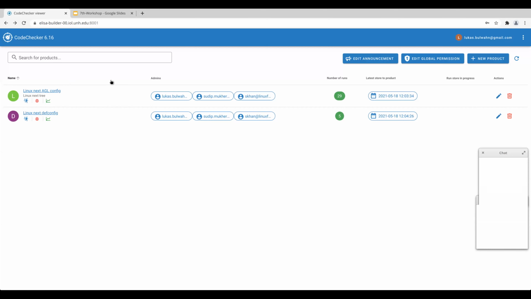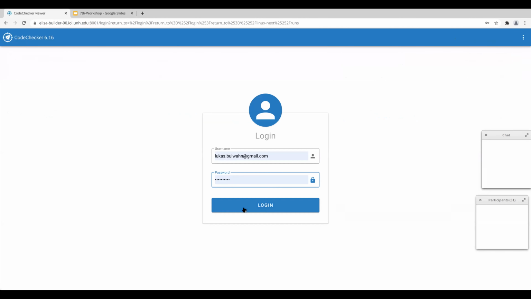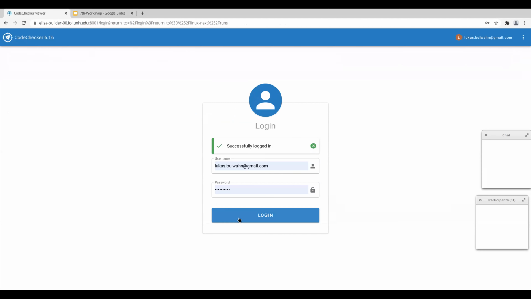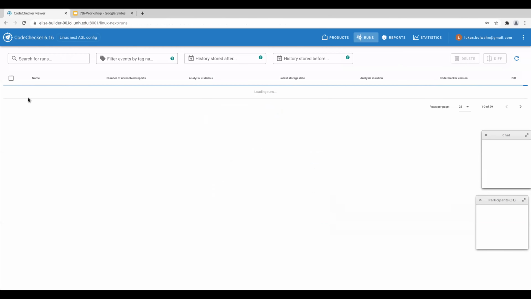Yeah, so here we have basically two instances, or two configs, that we're running. One is for the AGL config. We can quickly look into that. Yes, it's the usual demo effect, timed out.